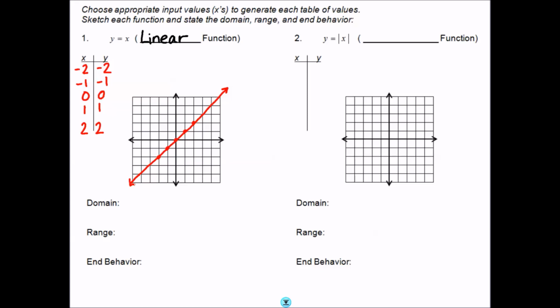Now, we talked about domain, range, and end behavior a couple classes ago. So if you look at this equation, remember domain is how far to the left does the graph go and how far to the right does the graph go. There's an arrow at both ends of this equation.